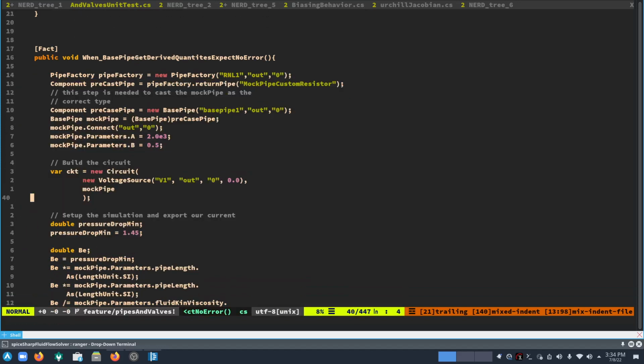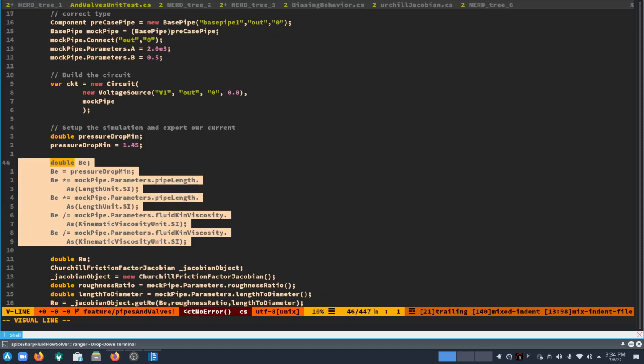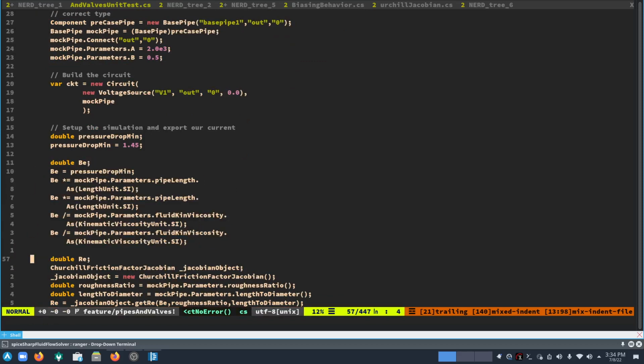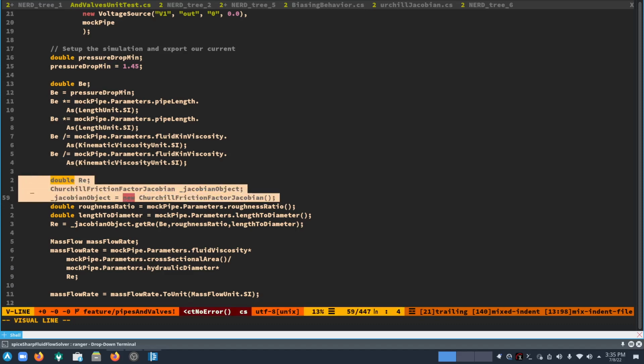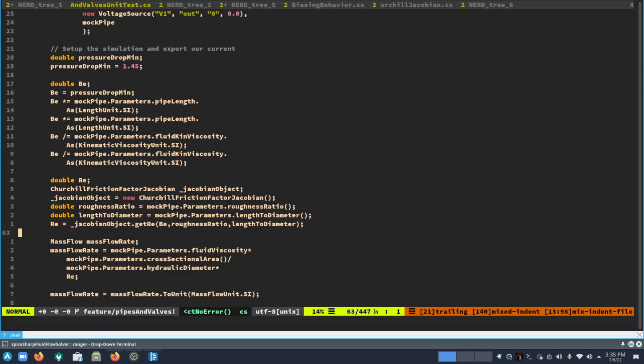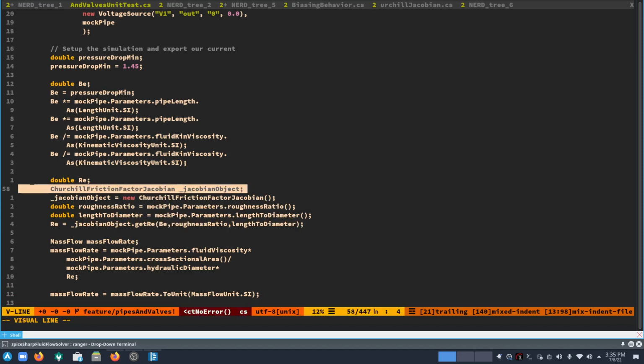I'll have a pressure drop minimum, and from this pressure drop minimum I will calculate a Bijon number. That is how the reference gets done. Then I get the Reynolds number from it, using the Jacobian object to get the Reynolds number, and this will be the friction factor Jacobian.